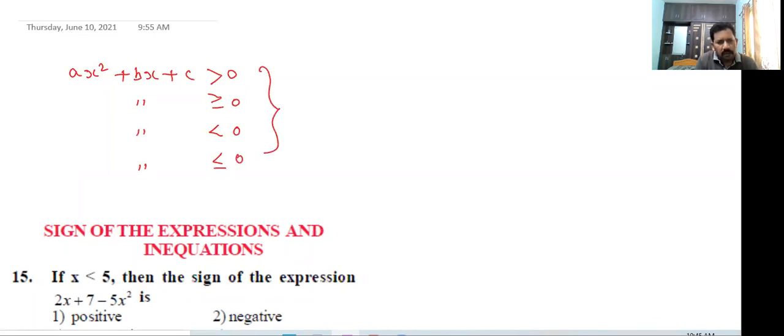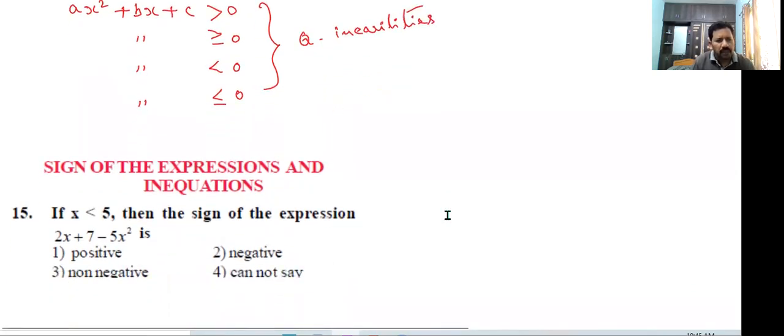These are called quadratic inequalities. Okay. Now, see the first question.